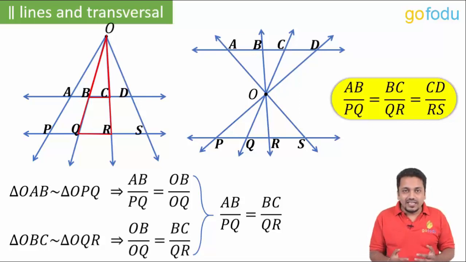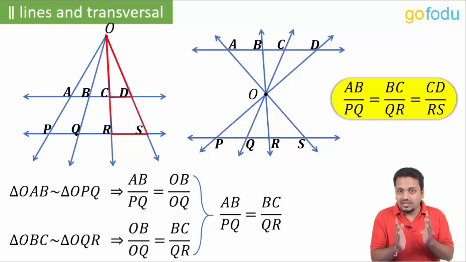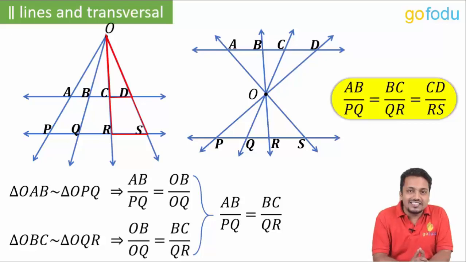Now similarly, we can take the last two triangles and obtain the final result. Now pause the video and try doing the same in the other diagram as well, and you will obtain the same result. So these are some similar triangle properties applicable in parallel lines intersected by transversals.